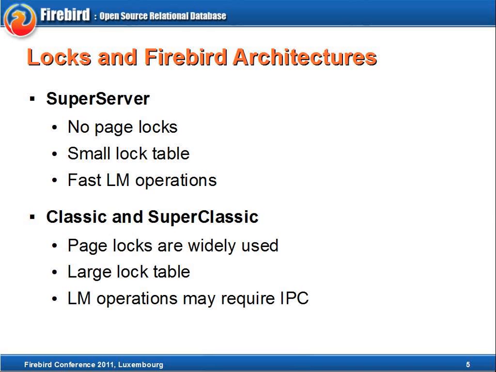With Classic or Super Classic, page locks are used. They are widely used. Actually, the more connections you have, and the bigger your page cache is in Classic or Super Classic, the more page locks exist in the lock table, and the more they affect the overall performance.